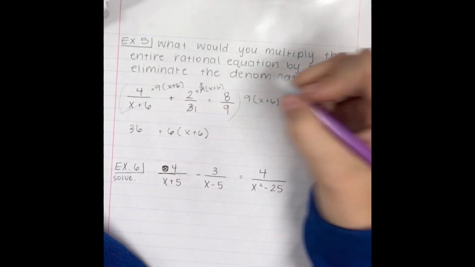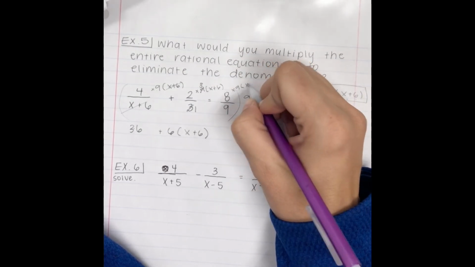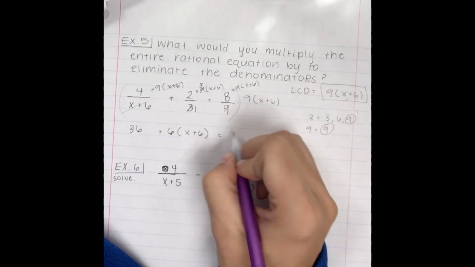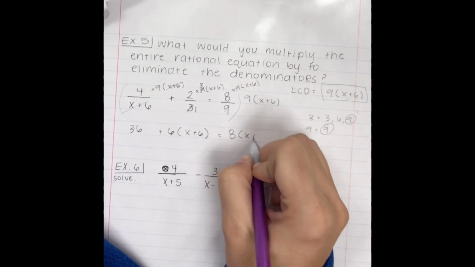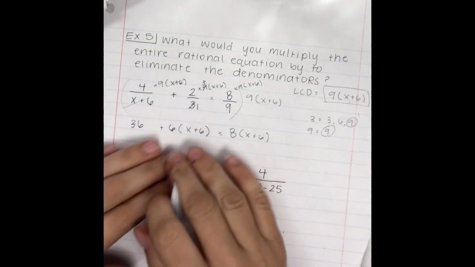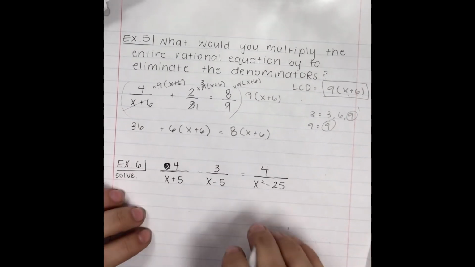And then here, times 9 times x plus 6, your 9's would cancel, leaving you 8 times x plus 6. Okay, and then from there we would distribute and we would solve. We're going to apply that down here.